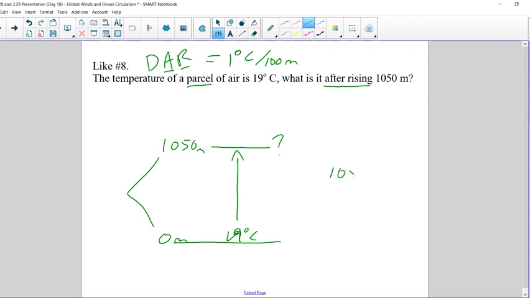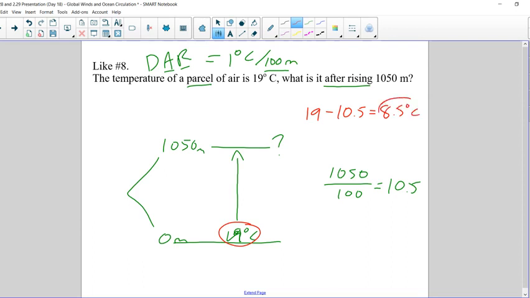It's 1,050 divided by 100 meters, and that's going to give me 10.5. And then because the temperature was 19 to start and it's rising, it's cooling off. So I'm going to have 19 minus 10.5, and that's going to give me 8.5 degrees Celsius at that point right there.